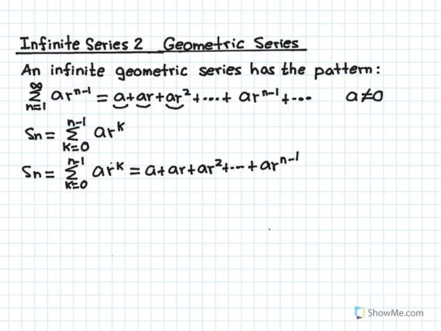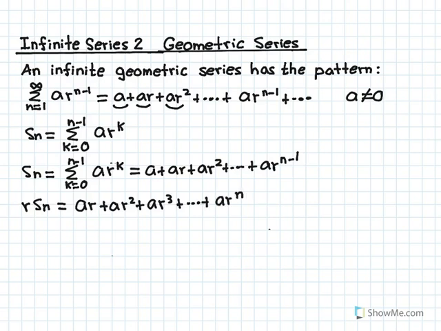Now, multiply both sides by the common ratio r. So we get r Sn is equal to ar plus ar squared plus ar cubed plus ar to the n.